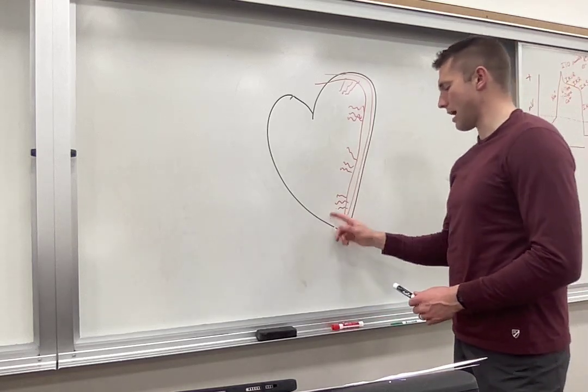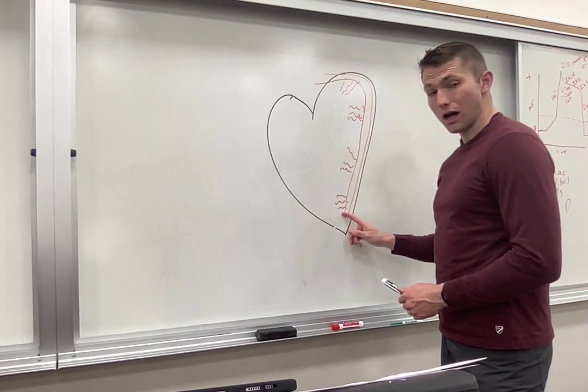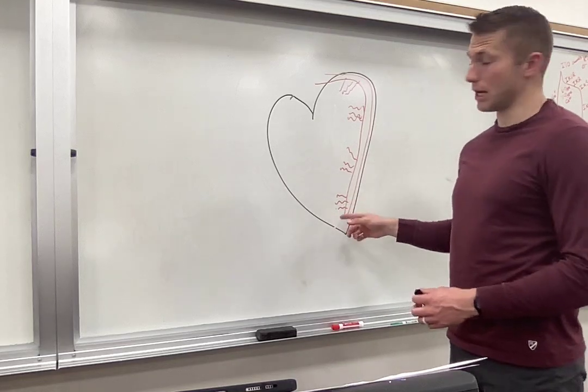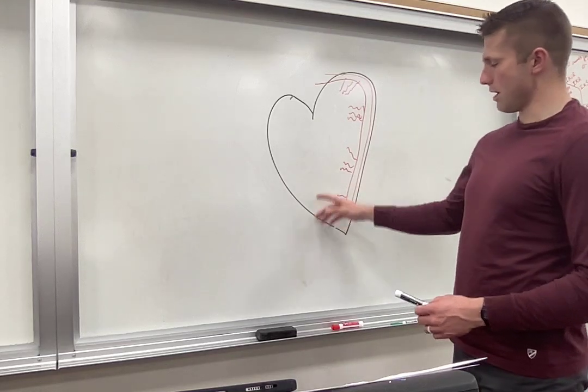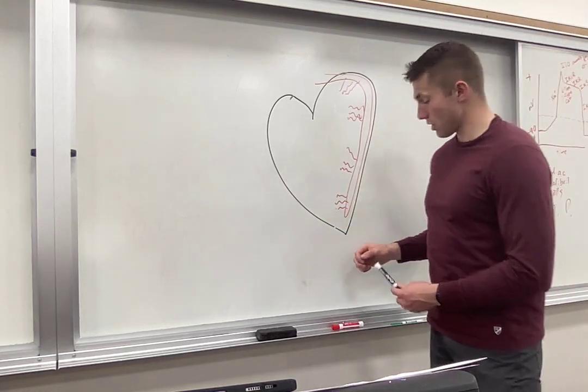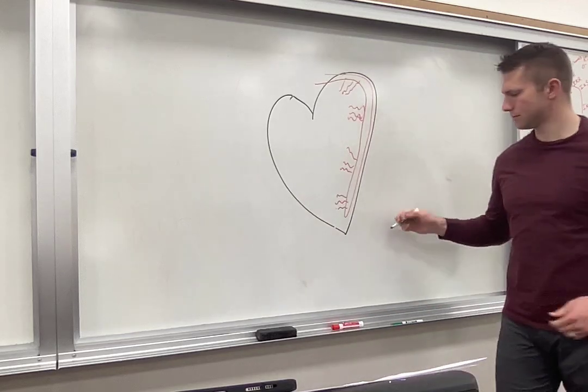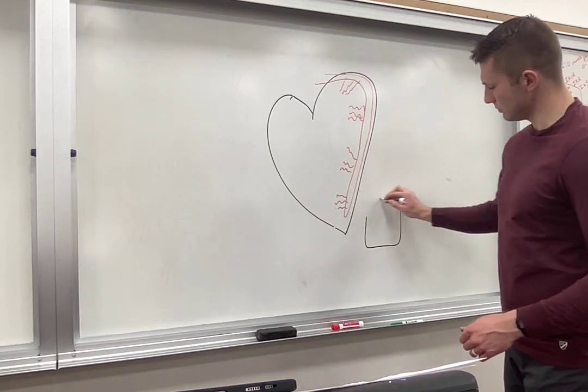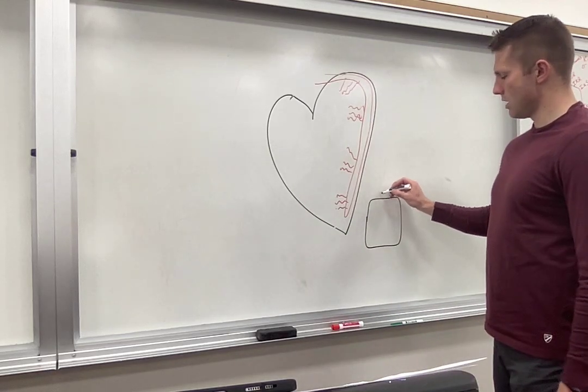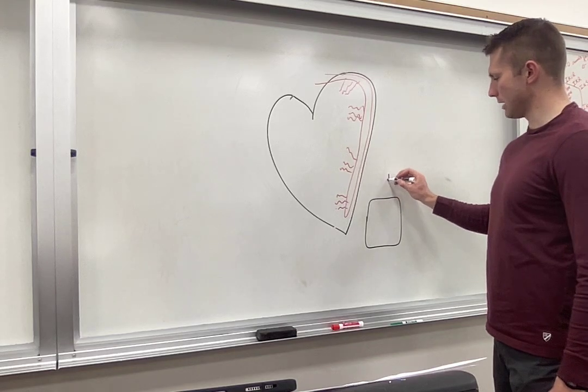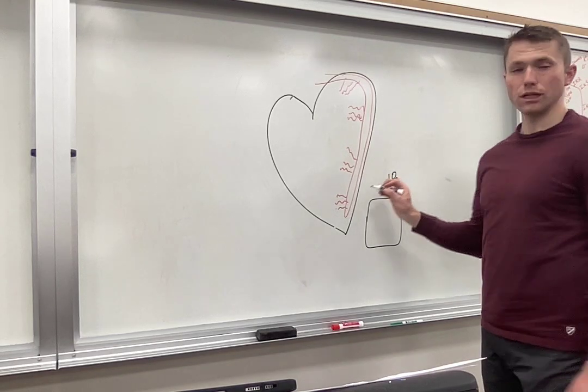Let's do this. Let's say we don't have oxygen or enough blood to this area of the heart. So with not enough blood, that means we have low oxygen.